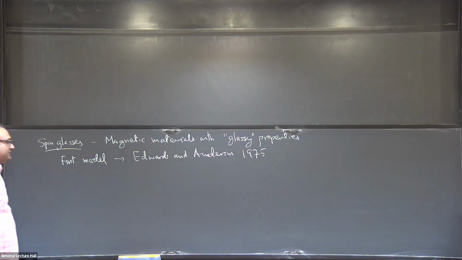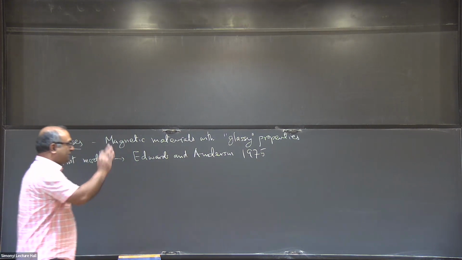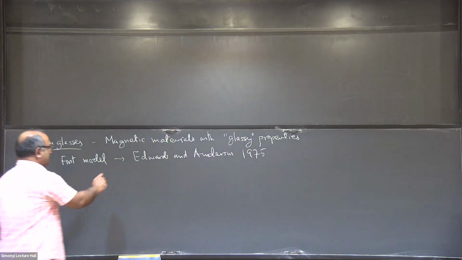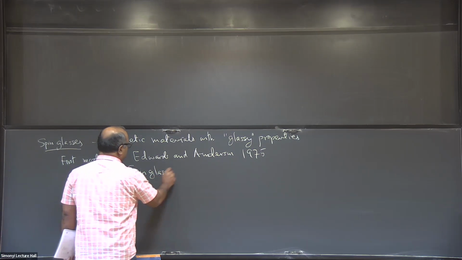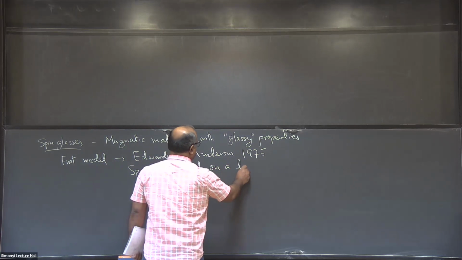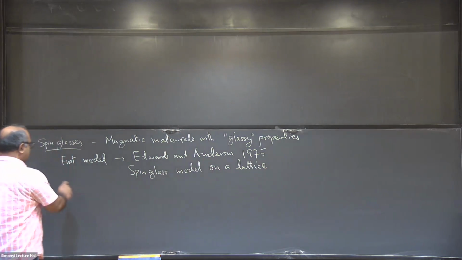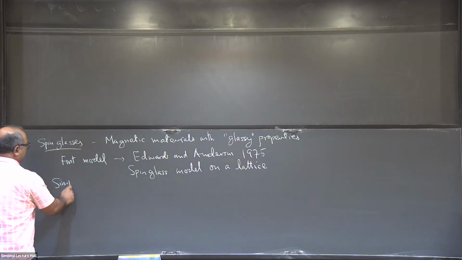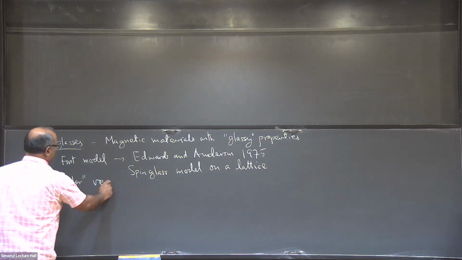This is the lattice spin glass model, the very simplest model you can think of: a spin glass model on a lattice. And this was a simpler version. I'll tell you why I'm putting the quotes here.